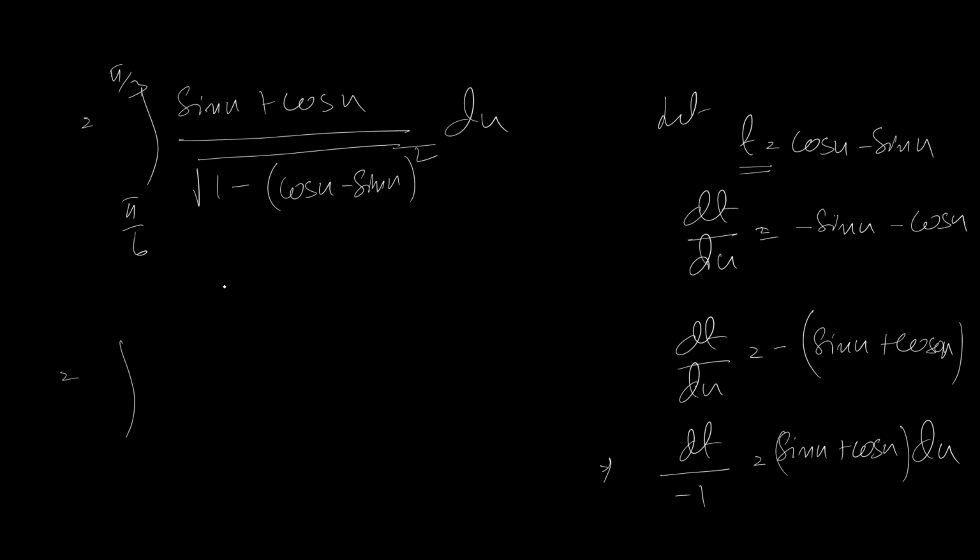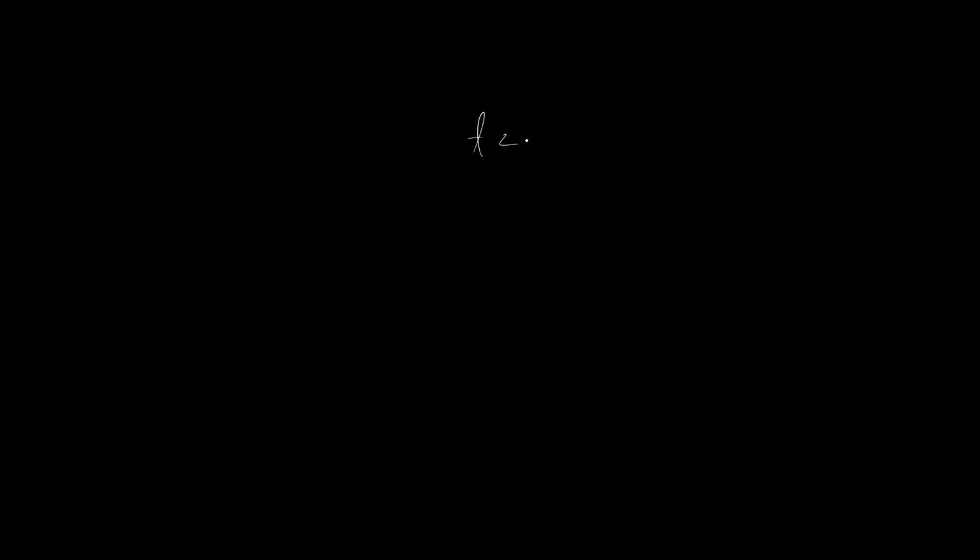So to change the limit, lower limit, here it is pi by 6. So t value, t is what? t is cos x minus sin x. So lower limit is pi by 6, so cos pi by 6 minus sin pi by 6.